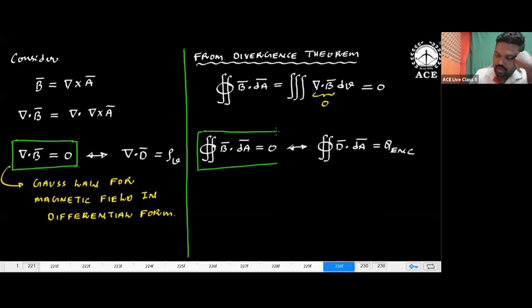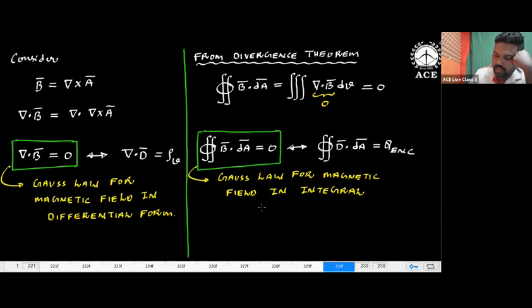This is called Gauss law for magnetic field in the integral form.